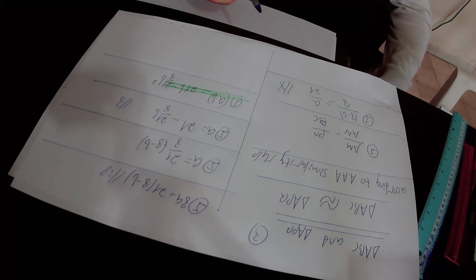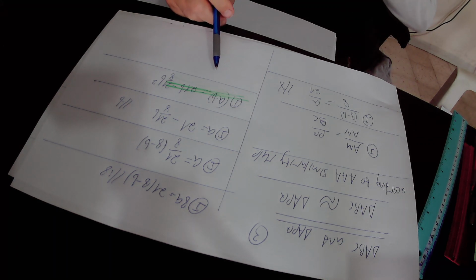So in the first step we will differentiate this function area, and we will equate the derivative to 0.